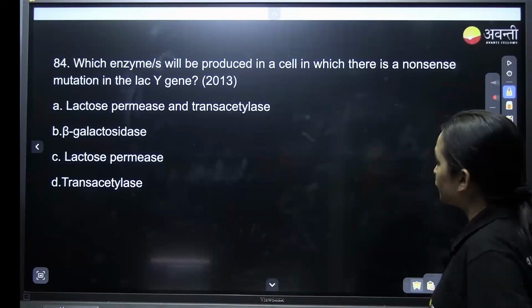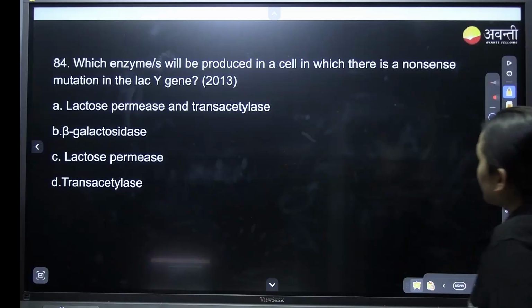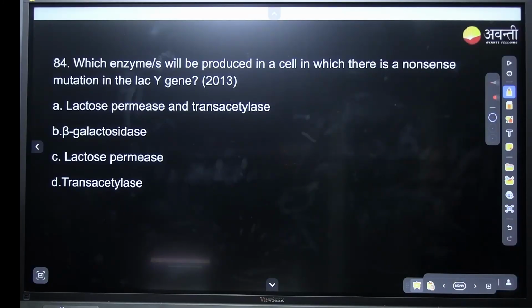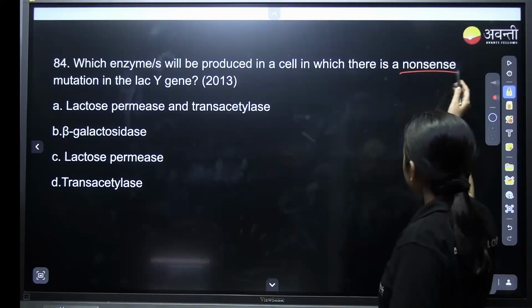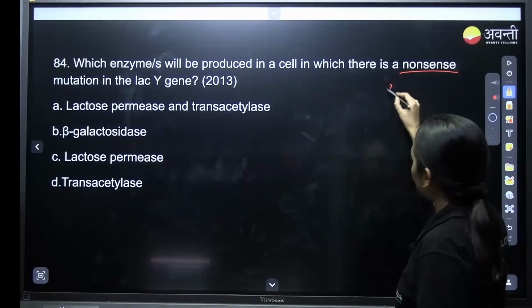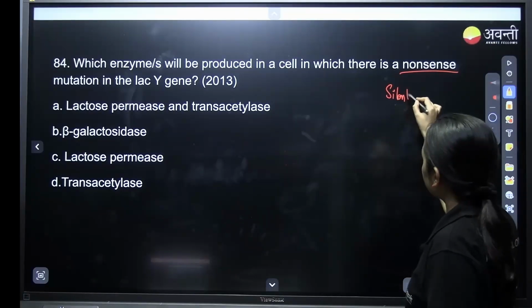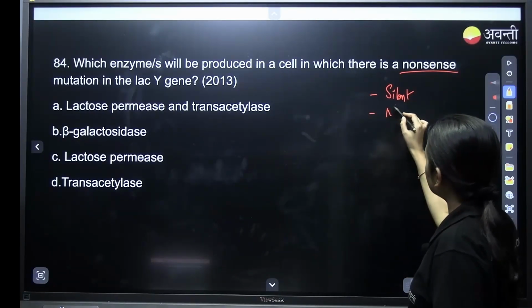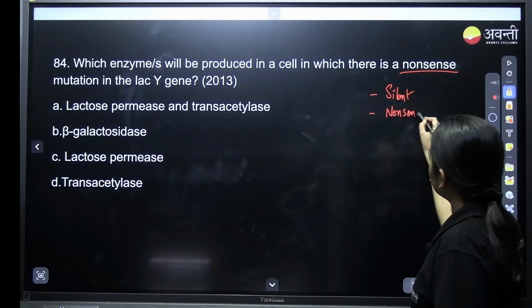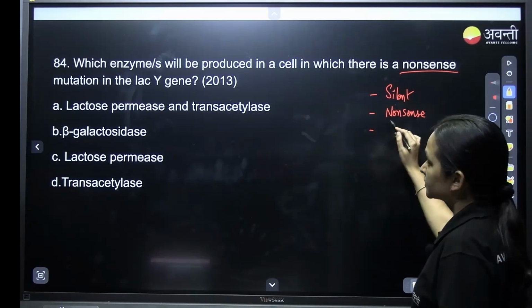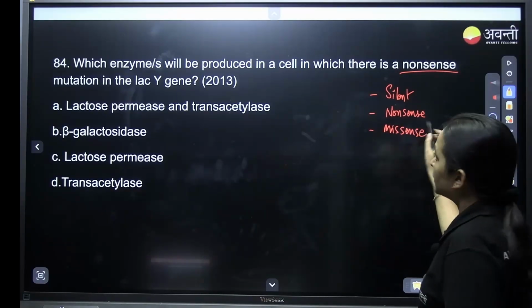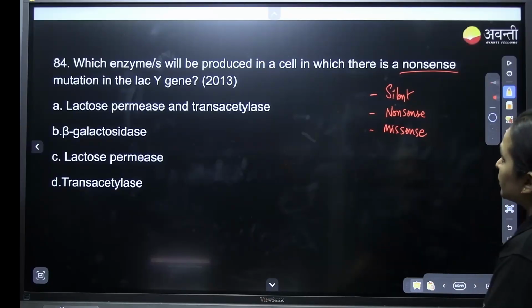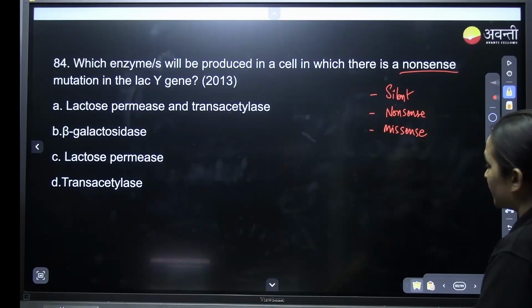Which enzyme will be produced in a cell in which there is a nonsense mutation in the LAC-Y gene?